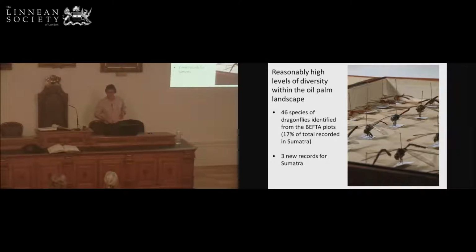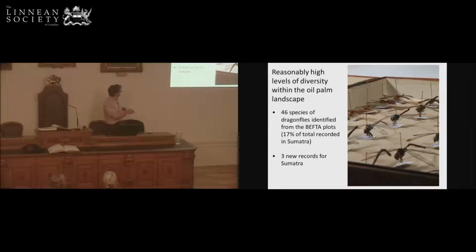That's about the same as the UK. But we're talking just our single plots within an oil palm, not the wider oil palm landscape. So it's quite extraordinary numbers for what's an agricultural system. These aren't important rainforest species on the whole, but there's still diversity. They're still doing stuff. So understanding the function of this can be quite important.